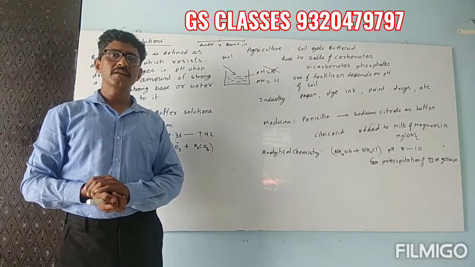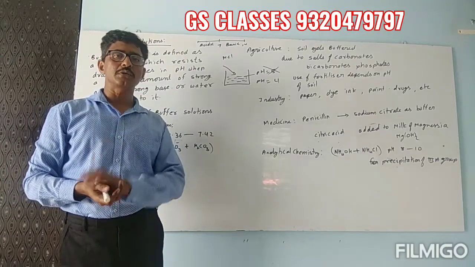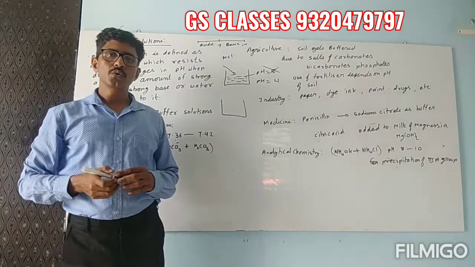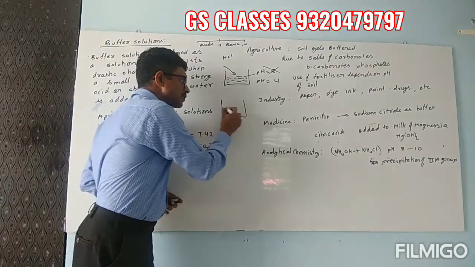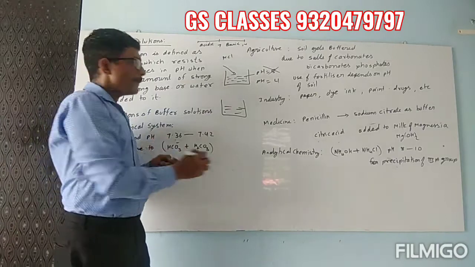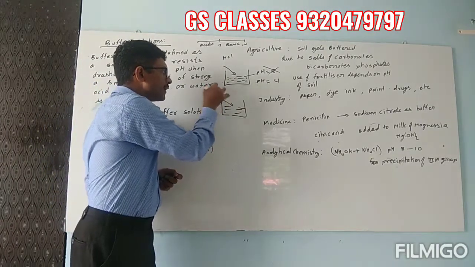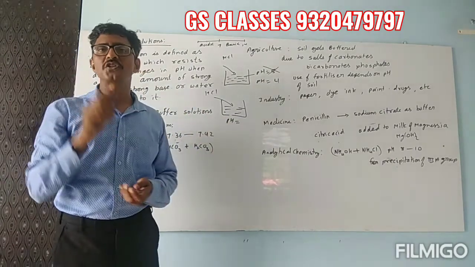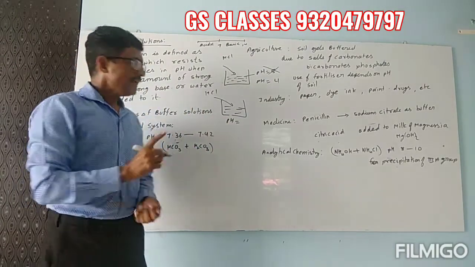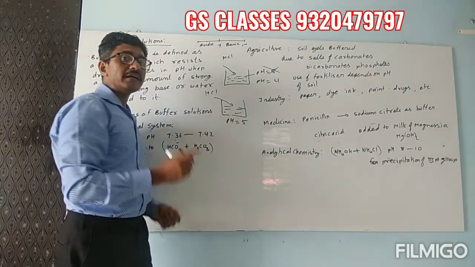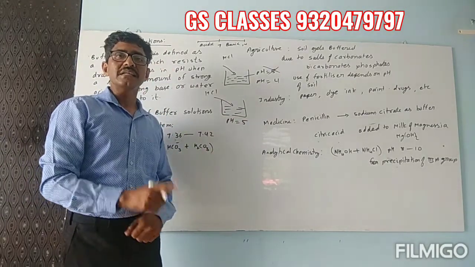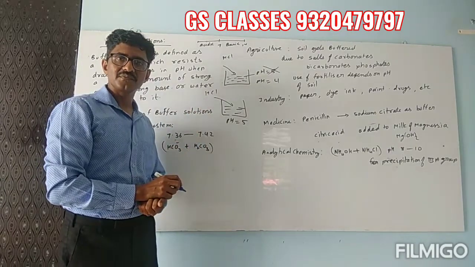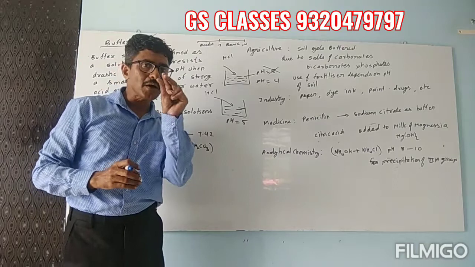Now, here comes the buffer solution. If I am taking another solution, it is also a solution, but if I am adding HCl to it, its pH value will not change. If the value is 5, it will remain 5 even if you are adding such a strong acid. Of course, you have to add in a small amount.